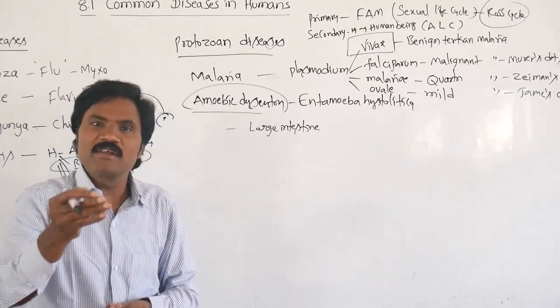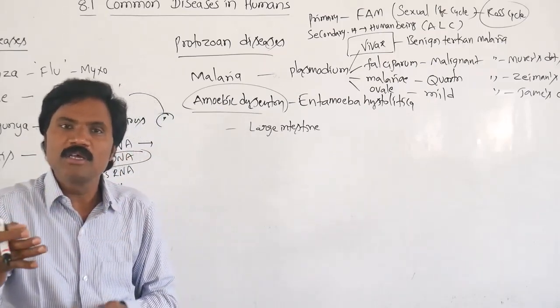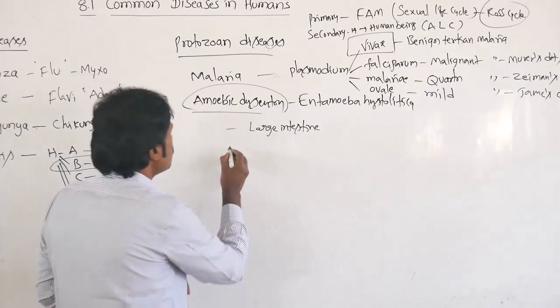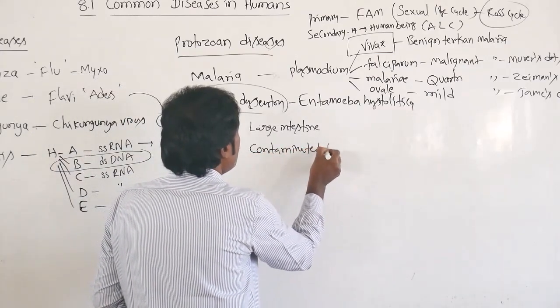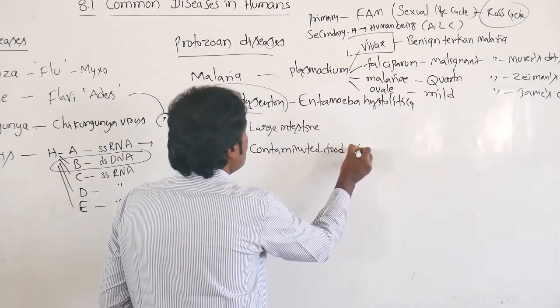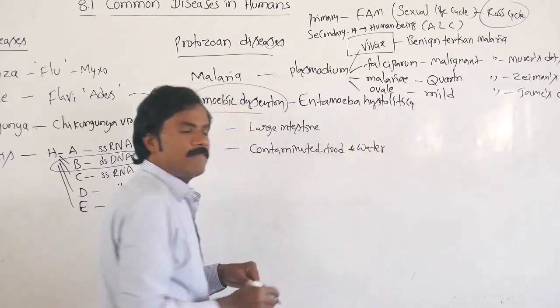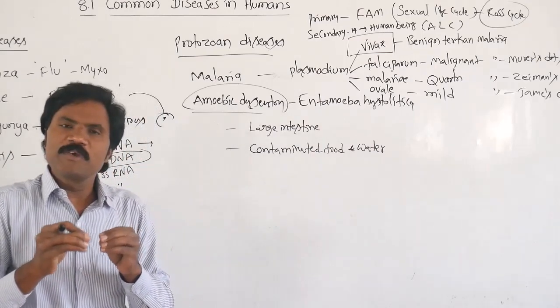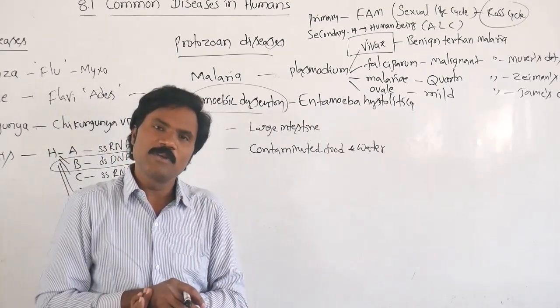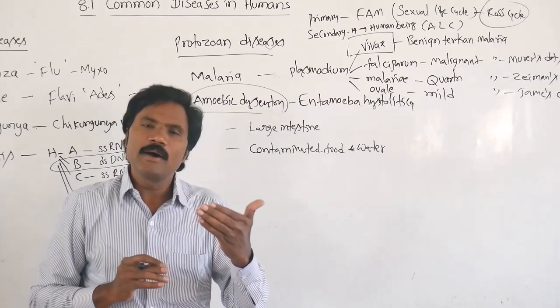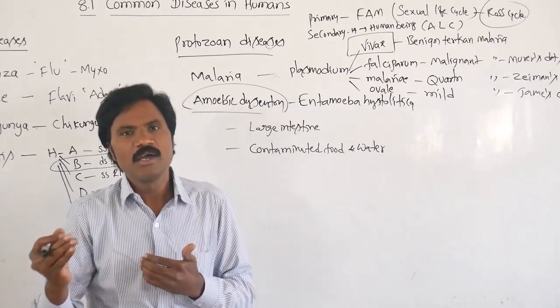How does it infect from the infected person to the healthy person? Through contaminated food and water. So by taking contaminated food and water, there are two specific stages present. What are the two stages? One is the magna stage, another one is the minuta stage.